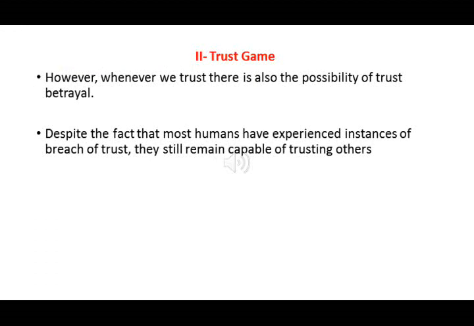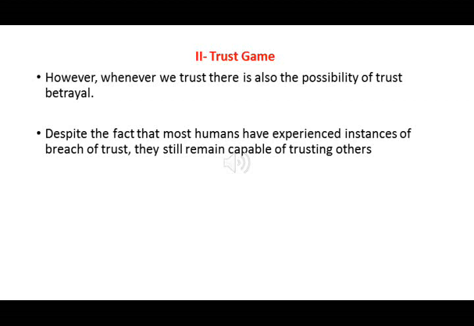So we saw how trust is an important factor in almost all human interactions. We also saw how it is an important factor to economic growth because it leads to huge reductions in transaction costs. However, it should be clear that whenever we trust, there is also the possibility of trust betrayal.